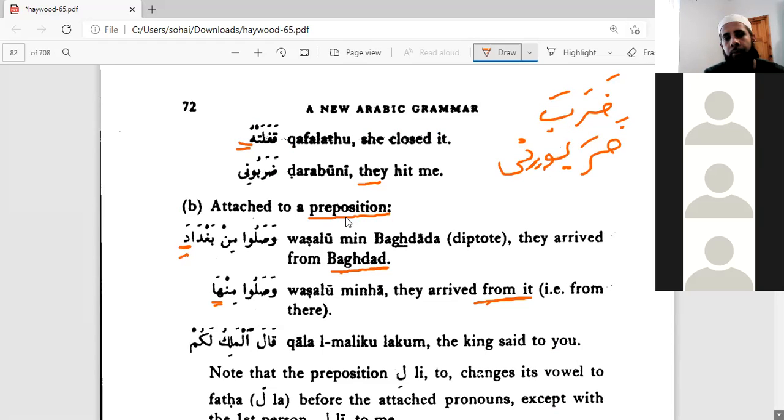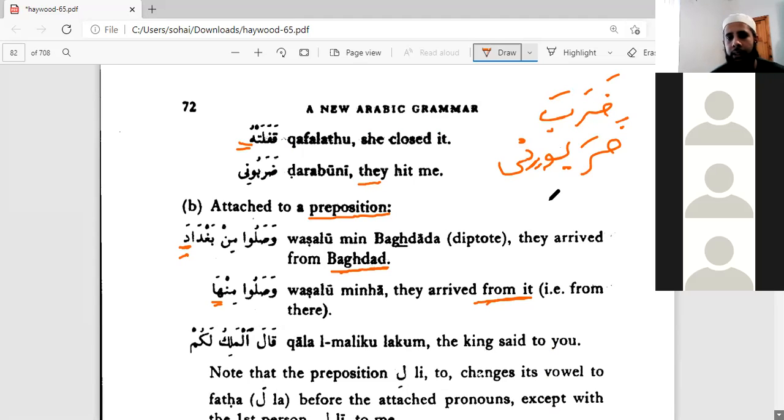"They" is whom, right? Yes. So why is it Darabuni? Darabu is "they hit", okay. Me is anta, means Anna. So Anna takes noon. Yes. Darabuni. Okay.